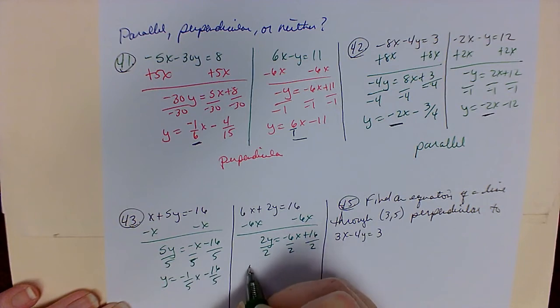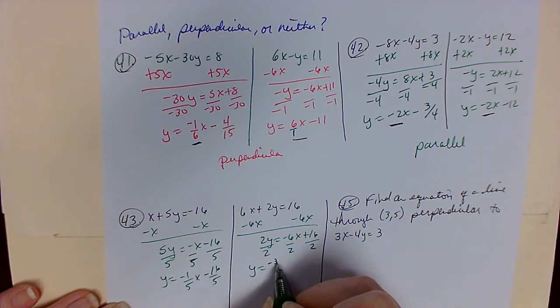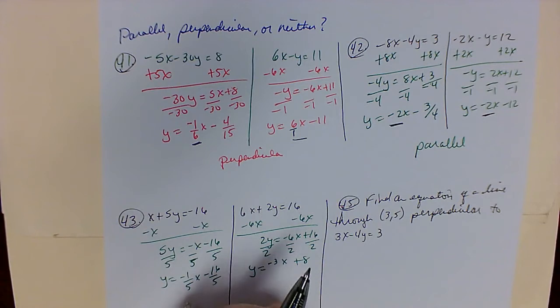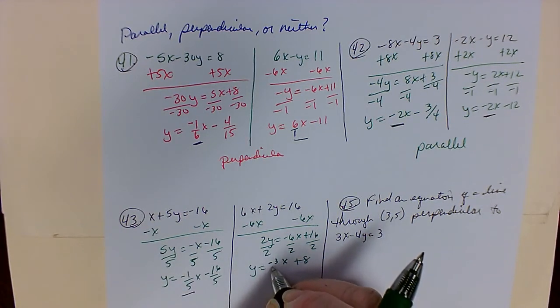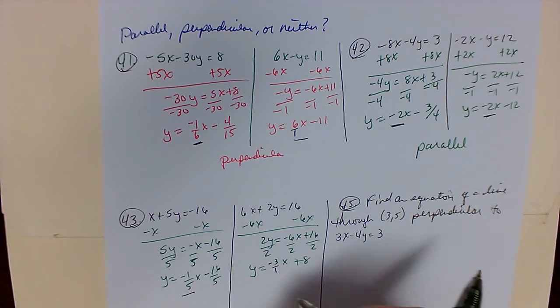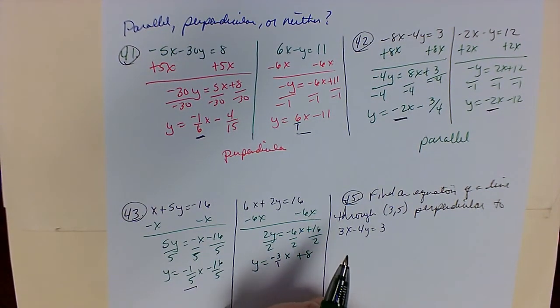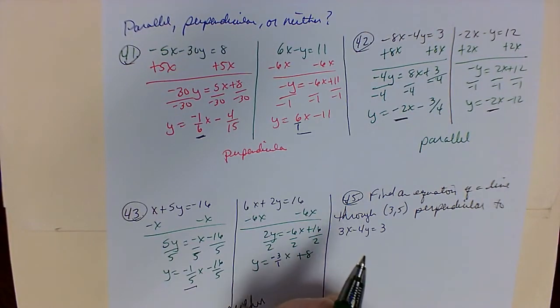Divide each term by 2, and we get y is equal to negative 3x plus 8. So here our slope is negative 1/5, and here it's negative 3 over 1. They don't match, and they are not flipped signs and flipped numbers. So these would be neither.